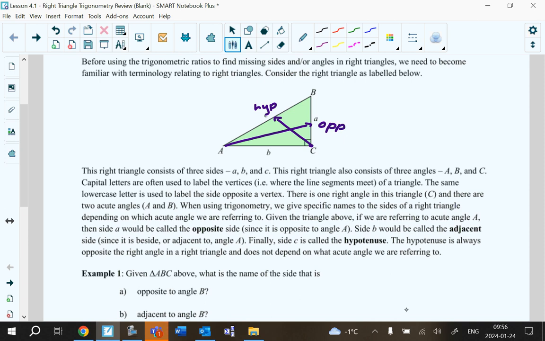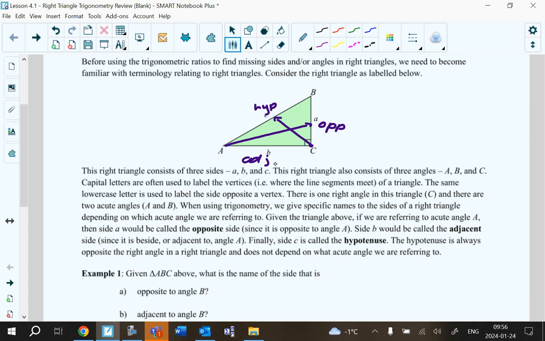And so by default, the third side that we haven't dealt with yet will be called the adjacent. That's usually how I like to find them. I identify the hypotenuse, I identify the opposite because they seem pretty straightforward, and then the third side must be adjacent. That's essentially what this whole paragraph says.